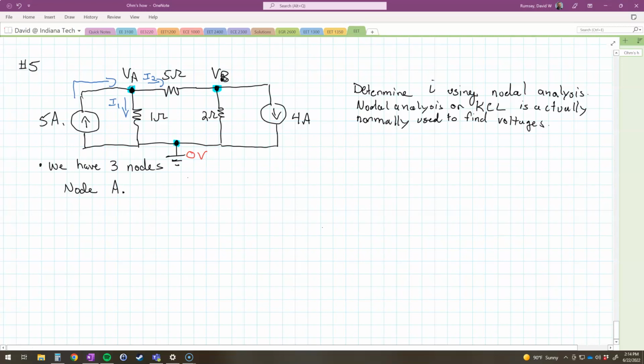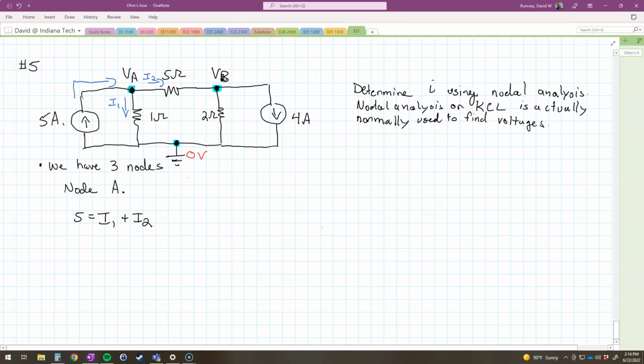For node A, the current entering the node has got to equal the current leaving the node. So I have 5 amps entering the node, and that's got to equal I1 plus I2.